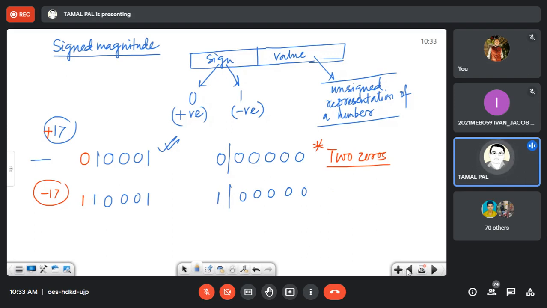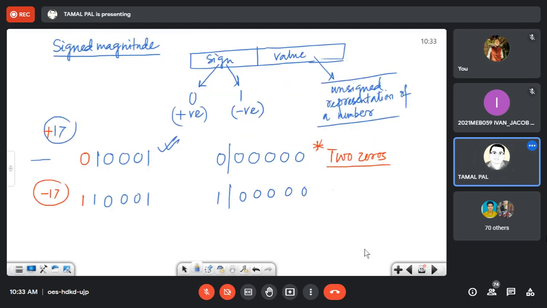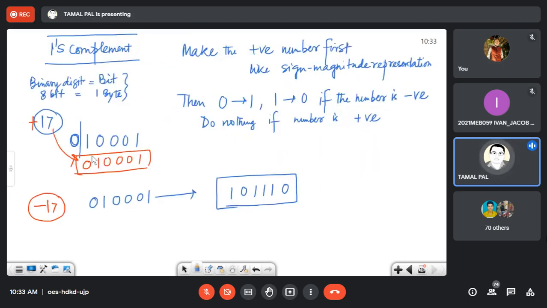But here the rule is you have to make the positive number first as per the rule of sign magnitude representation, but instead of switching only the sign bit, you have to switch the entire pattern. So entire pattern, 0 by 1 and 1 by 0.